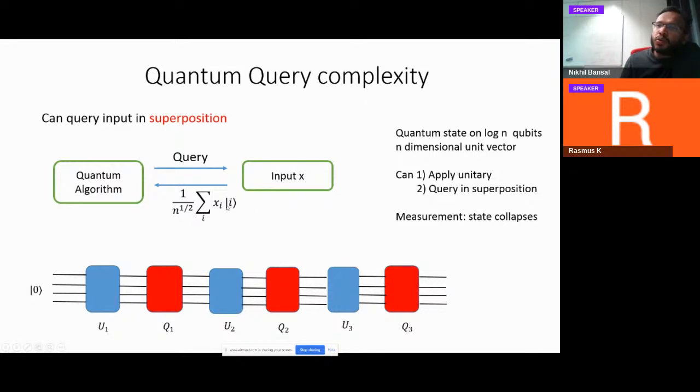And what a query does: think of i as ranging from 1 through n, so these bits encode the dimensions of this n-dimensional vector, and you can read all these bits at once, in principle. But even though you can read all these n bits in one query, these bits are not really usable because they're encoded in this quantum state.